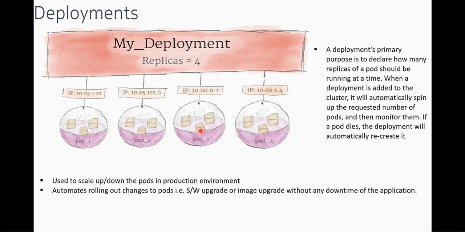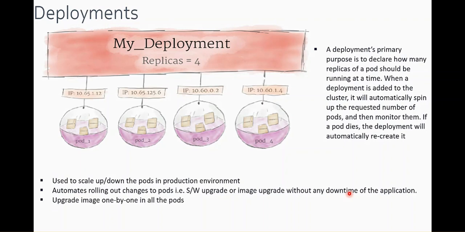Deployment automates rolling updates or changes to pods, for example, a software upgrade or image upgrade without any downtime of the application. This is not possible in a single pod instance, but with deployments, you can upgrade the software without any downtime, which is one of the key features of applications running on Kubernetes, because you have multiple replicas.